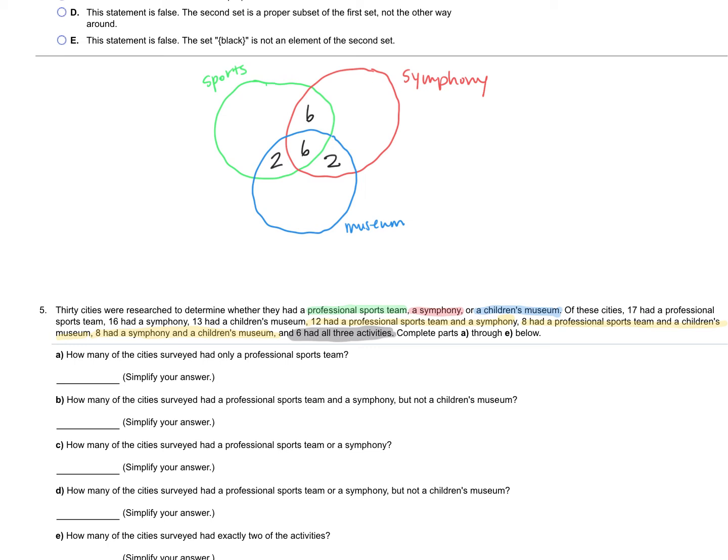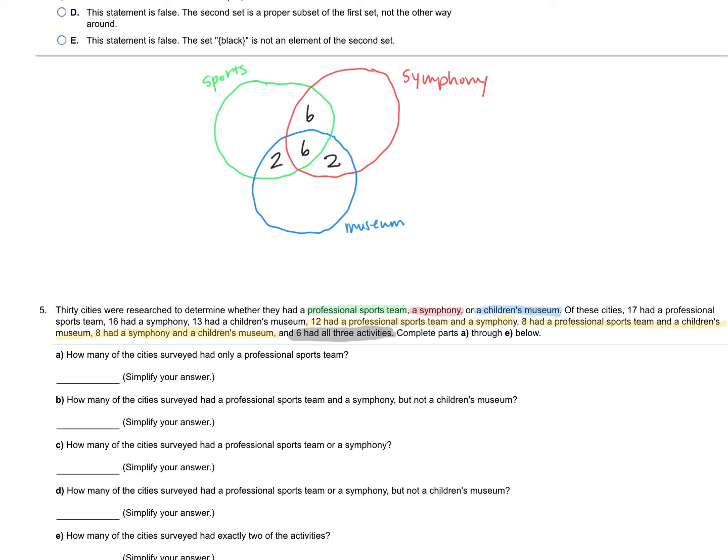All right, now we're going to look at the single circles. So we have the Children's Museum. So 13 had a children's museum. That means the entire circle that's blue has to add up to be 13. Now notice it doesn't say 13 only had a children's museum, because if it said only, then that would be this part.